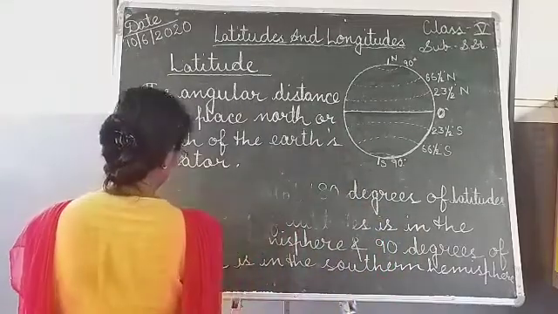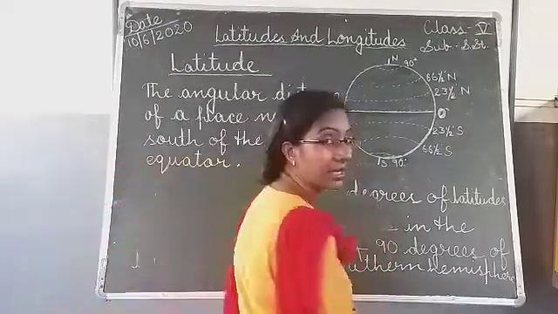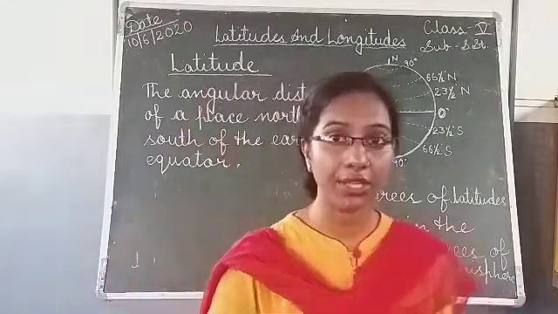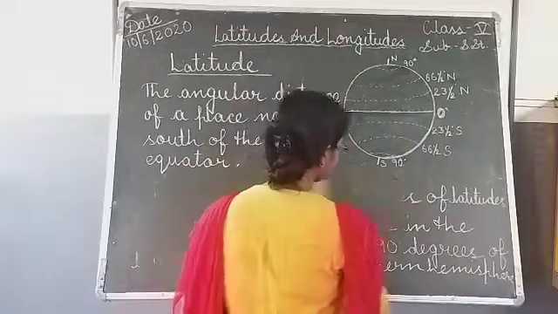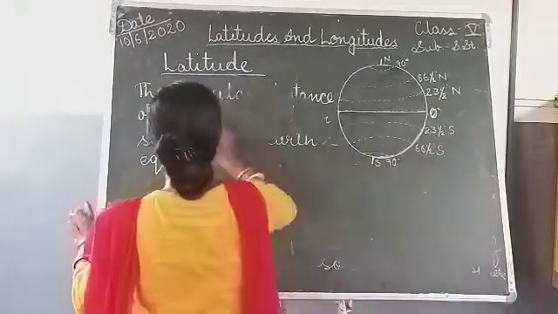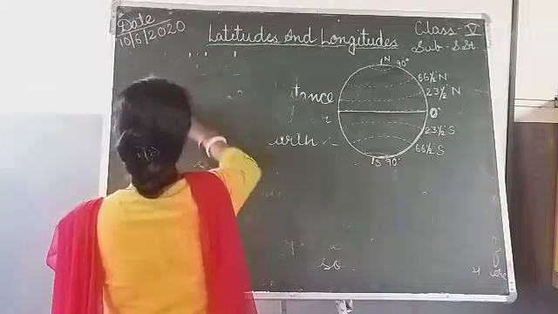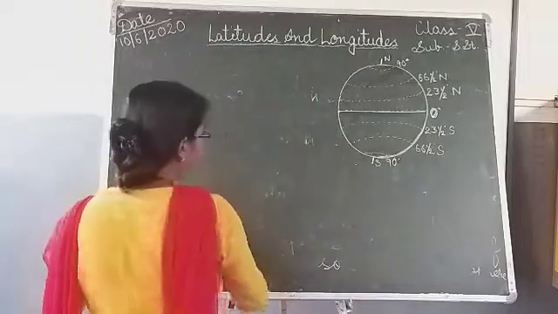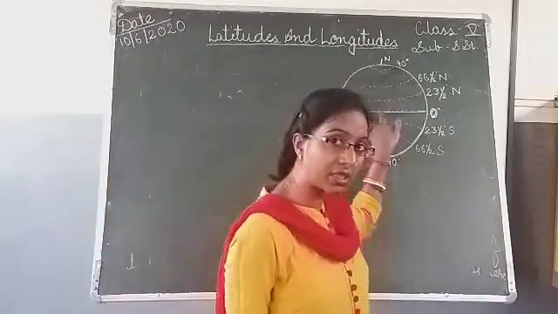Besides the equator, there are 4 more important latitudes. Let us see. The equator is one imaginary line.